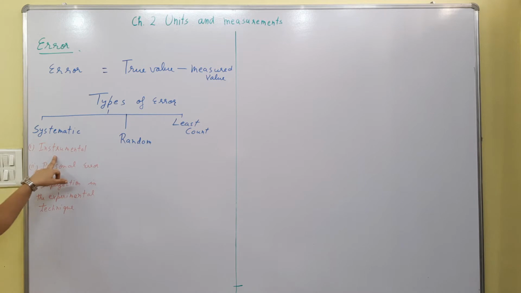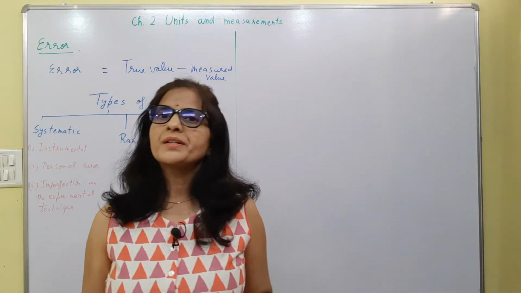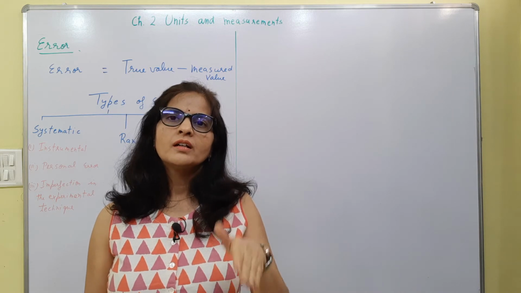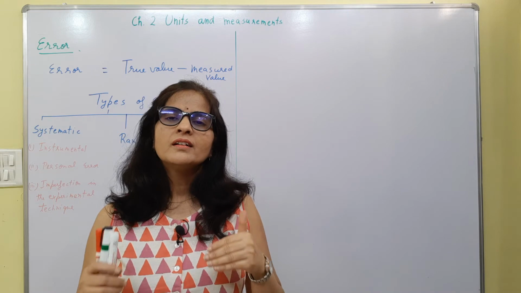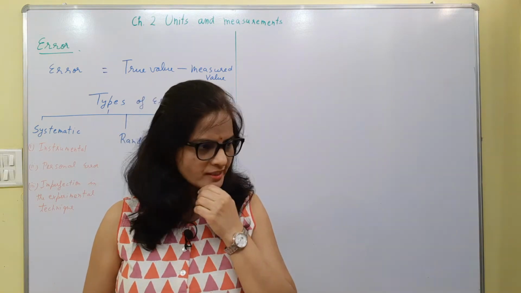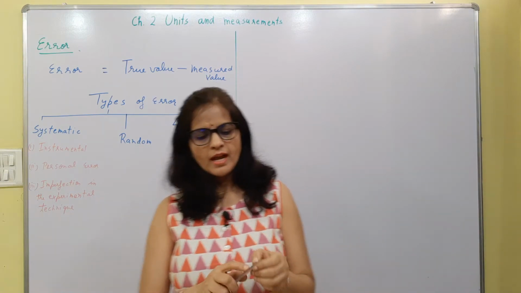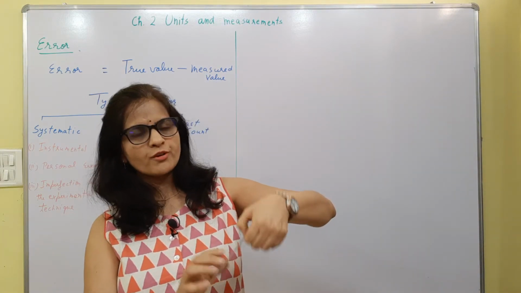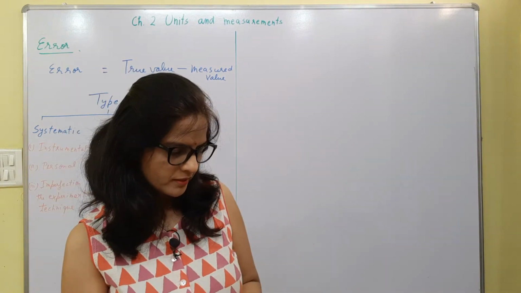Instrumental errors, as the name itself indicates, arise when there is an error in an instrument, and that error in the instrument will result in an error in the measured physical quantity. For example, you have this scale, and it is broken from here.